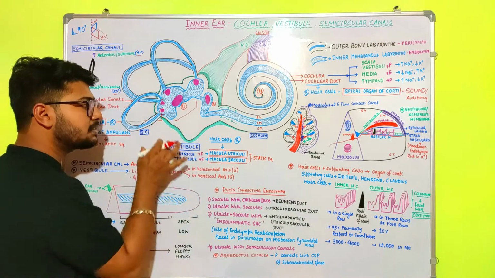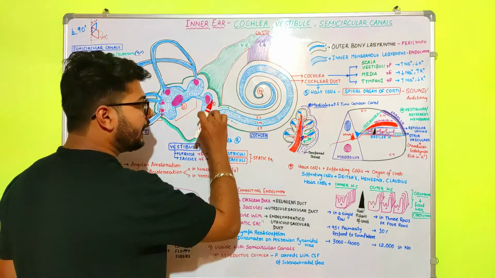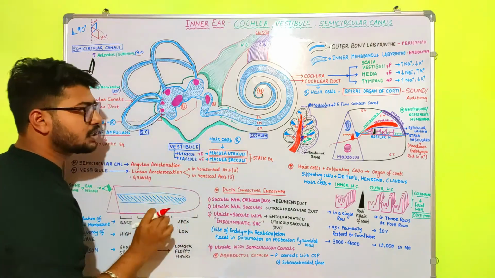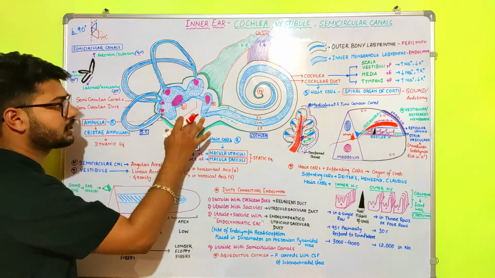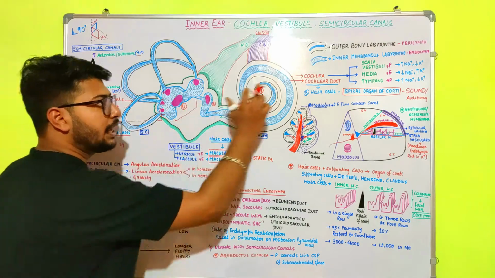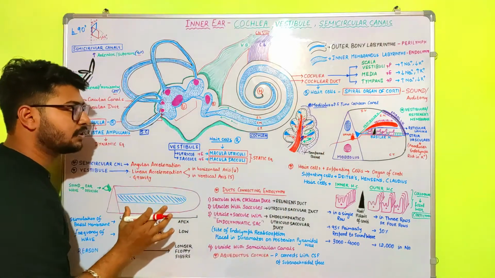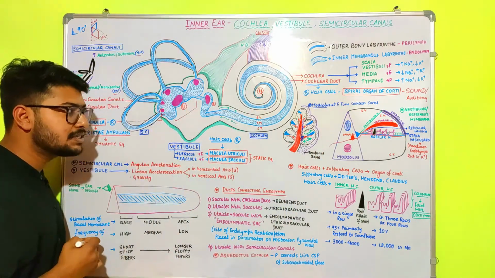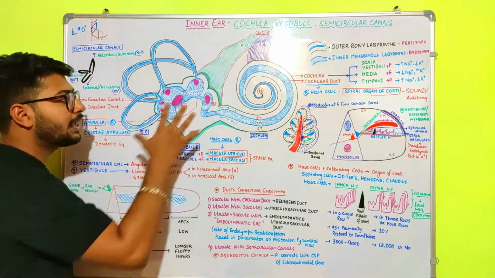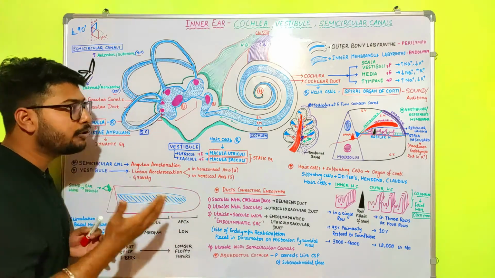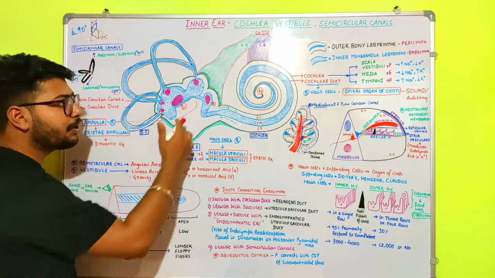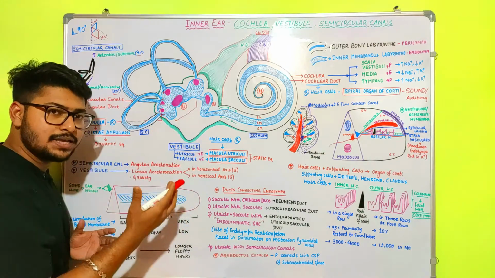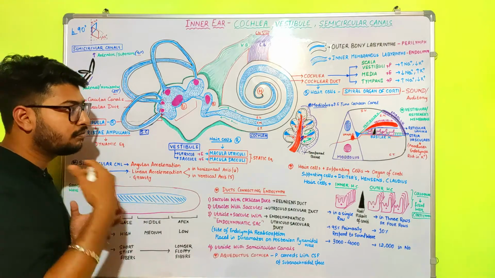It means that it is made up of bone, and the inner blue tubular structure represents the inner membranous labyrinth. These labyrinths are present inside the whole inner ear, and they are distributed in such a manner that there is some space in between them, and these spaces are filled with fluids.